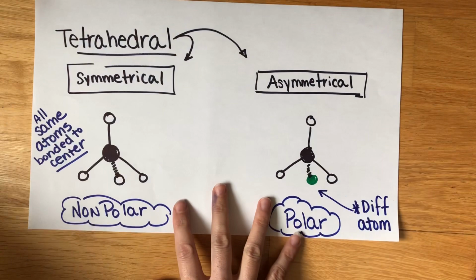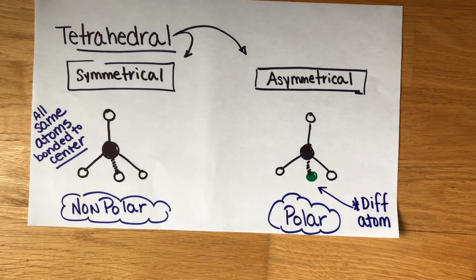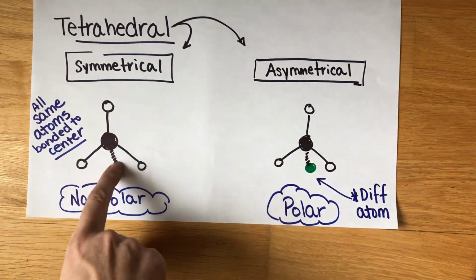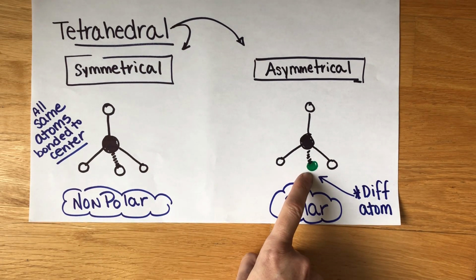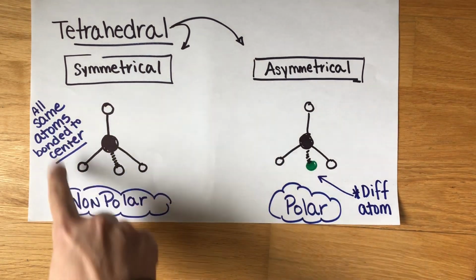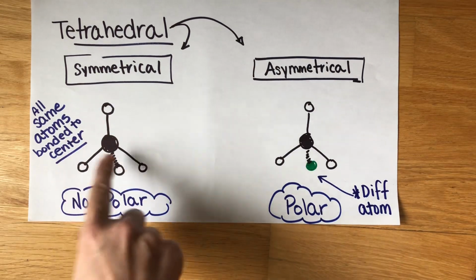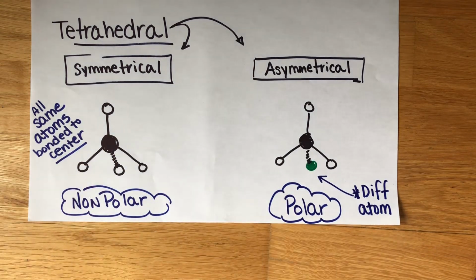Let's take a look at tetrahedral. In this instance, what's the only difference? Different atom bonded to the center, versus all the same atoms bonded to the center. And remember, it's easier to look at this if we have a real molecule, which I'm going to go get. So the symmetry is kind of obvious when we look at the three-dimensional.